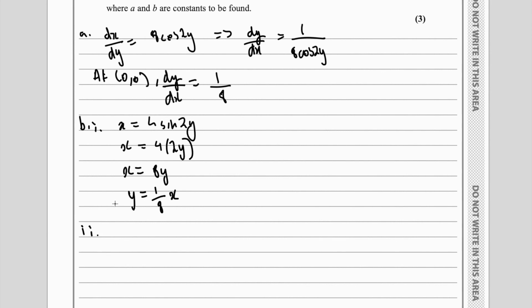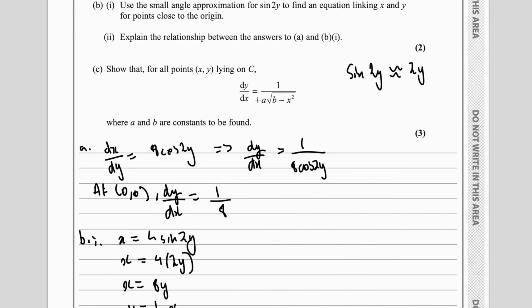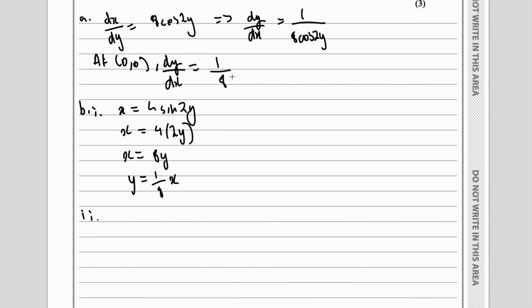And for part B(ii), what we're asked to do is explain the relationship between the answers to part A and part B(i). Okay, so we're asked to explain the relationship between y equals 1/8 of x and the fact that at the origin, the value of the gradient is 1/8. And what we can see here is that the value of the gradient at the origin is the same as the value of the gradient in this equation that we've worked out using small angle approximations.